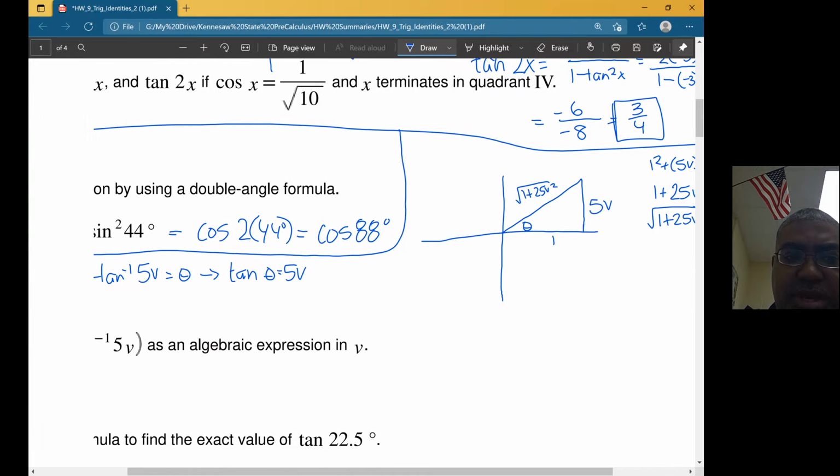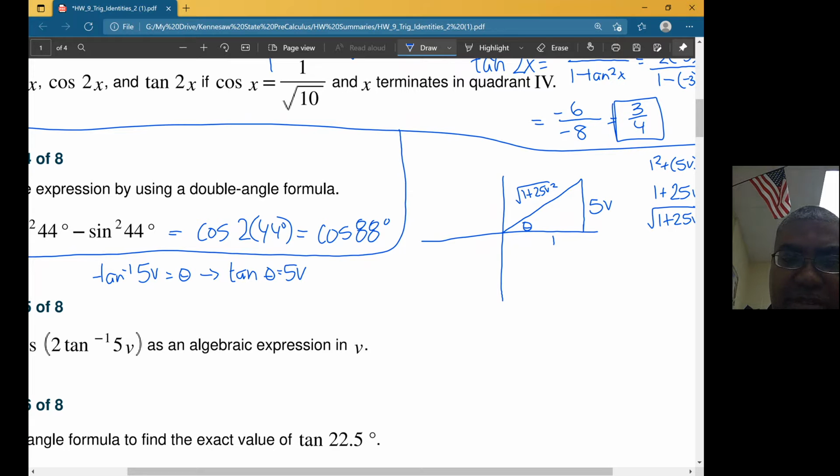Okay. So we don't know what theta is, but we've solved the triangle. The arctangent of 5v is equal to theta, and we want to know the cosine of 2 theta, because the arctangent of 5v is going to give me theta.